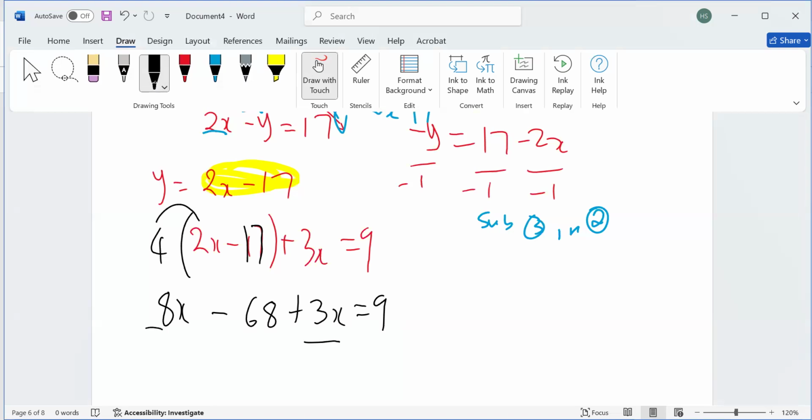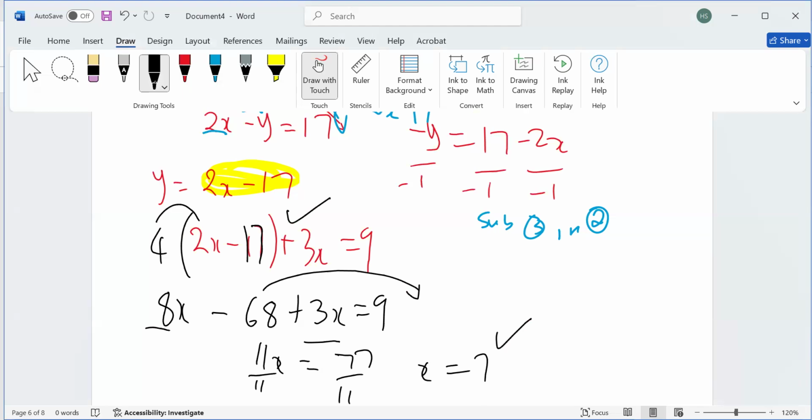Like terms: you have 8x, it gives us 11x, which is going to be 77. 11x is equal to 77. We give you a mark for this one. We give you a mark for something there. We are left with one last mark.